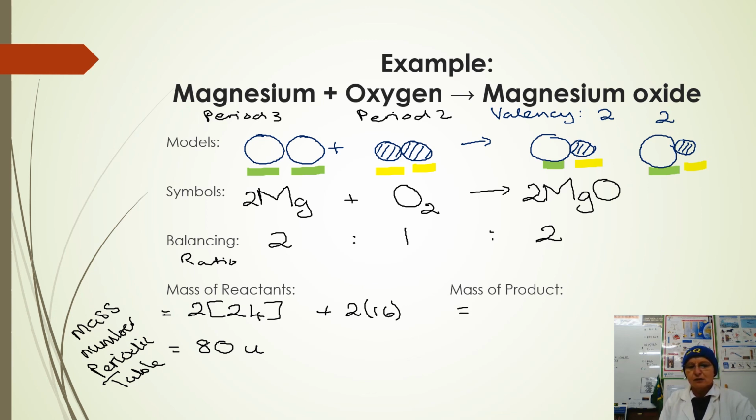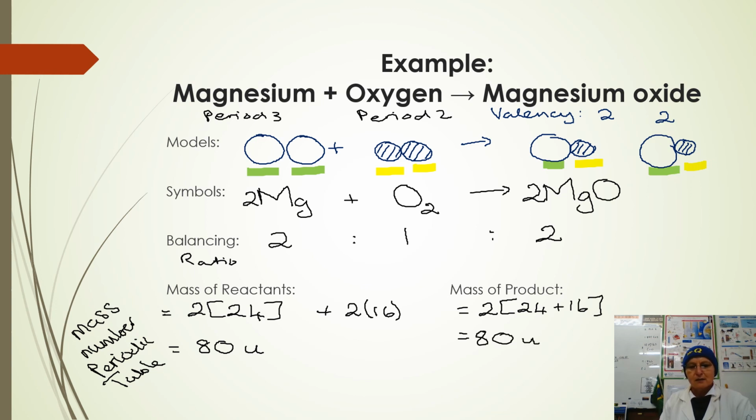The product is 2 molecules of magnesium oxide, so it's 2 times magnesium's mass, which is 24, plus oxygen's mass, which is 16. So 24 plus 16 is 40, and 40 times 2 is 80.